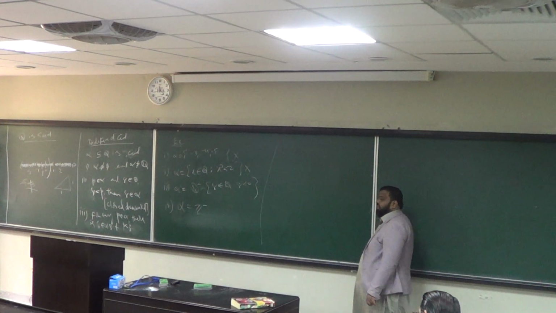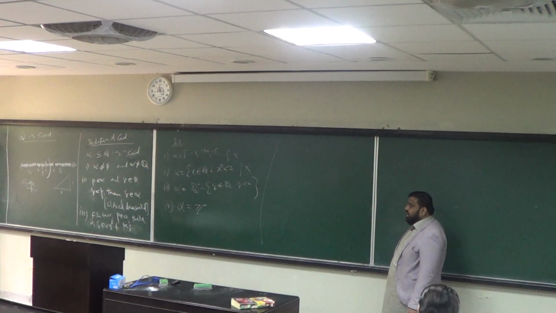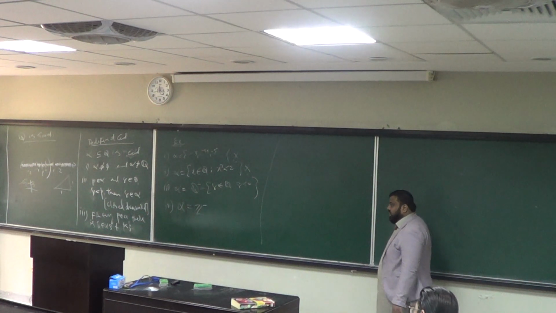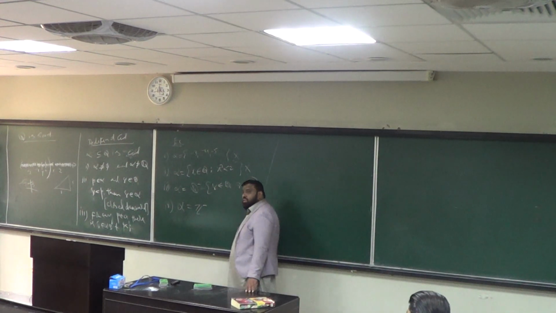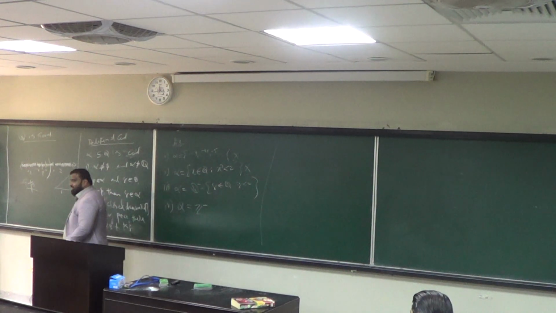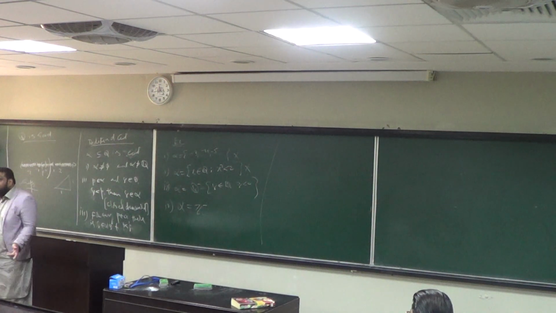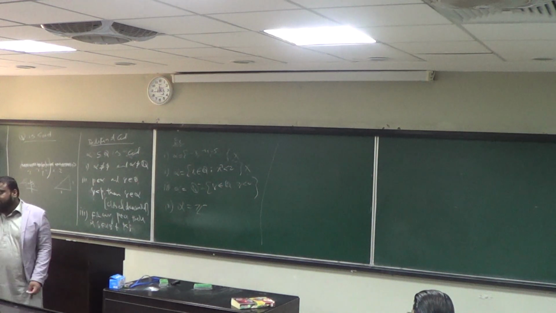Why is the second property not satisfied here? It's integer. Now just give me a concrete example. You take minus 1/2. It's rational. It's bigger than minus 1.